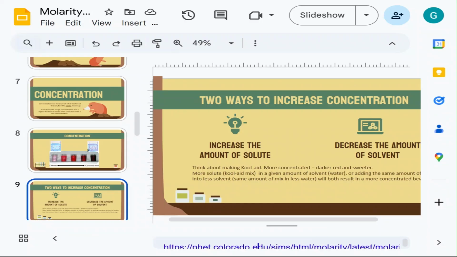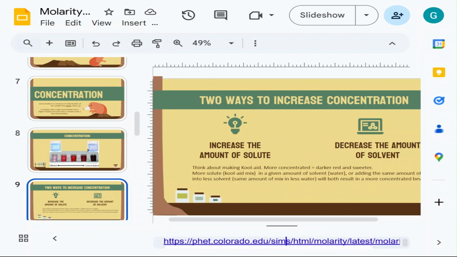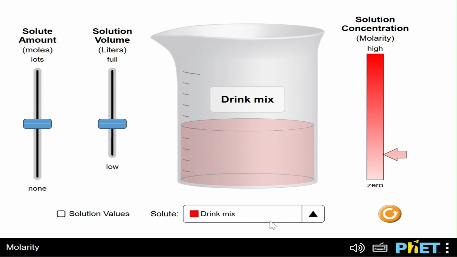And so let's look just for a moment. Okay, so this is our drink mix. Like I said, if we increase the amount, my concentration increases. We can see an actual measurement of my concentration on the right, and we can observe that in the color of my drink mix. So again, let's say we start with water.